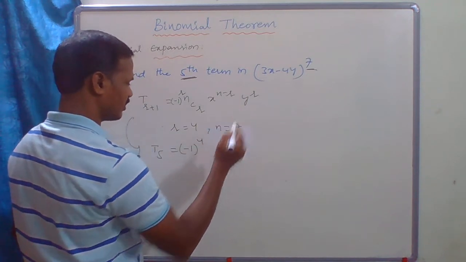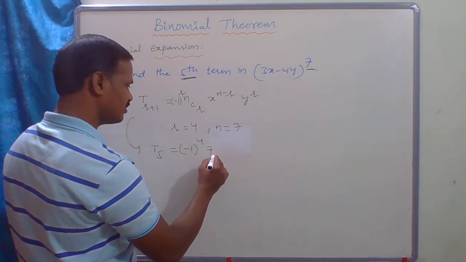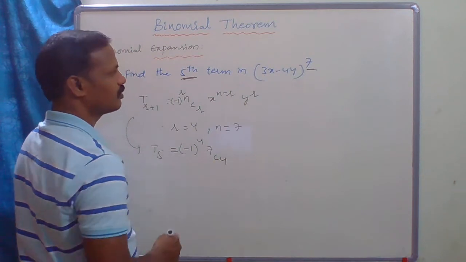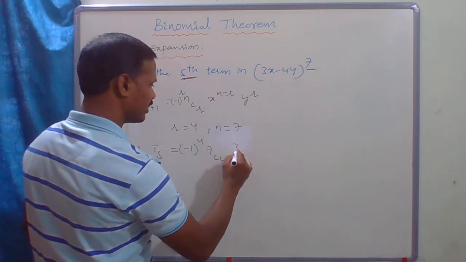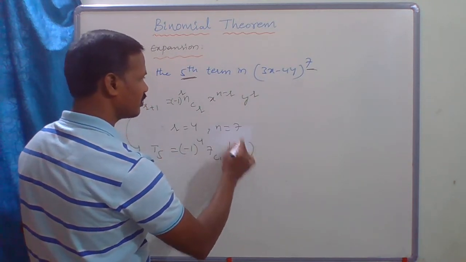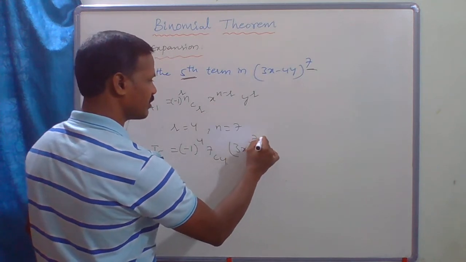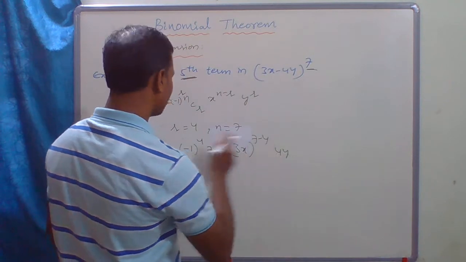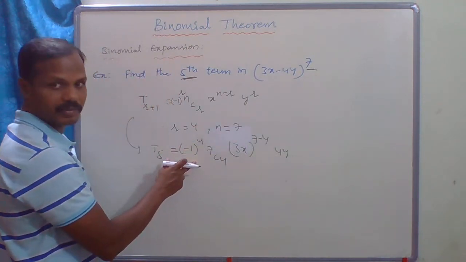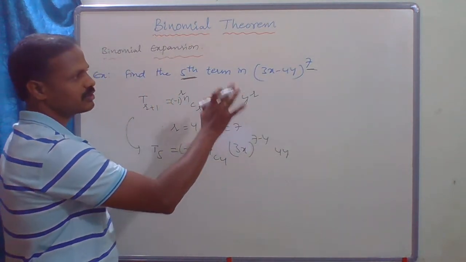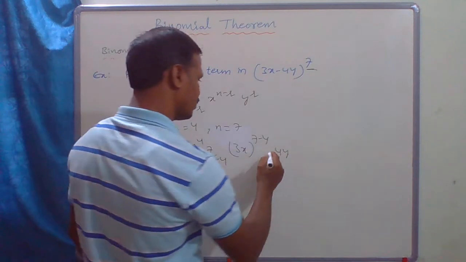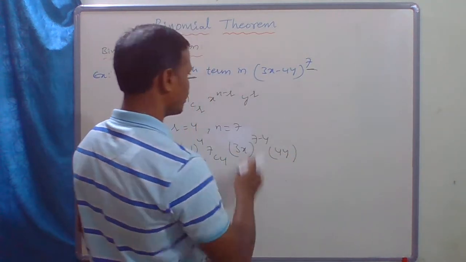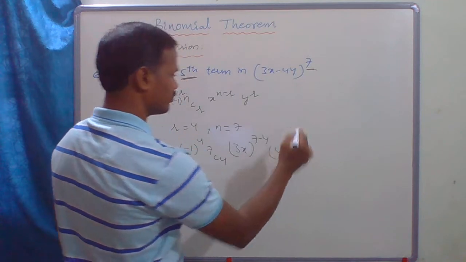So 7c4. What is the x value? 3x power n minus r, that is 7 minus 4. The y value is 4y, because we already wrote minus 1 power here, so for the y value we take 4y only. 4y power r, r means 4.